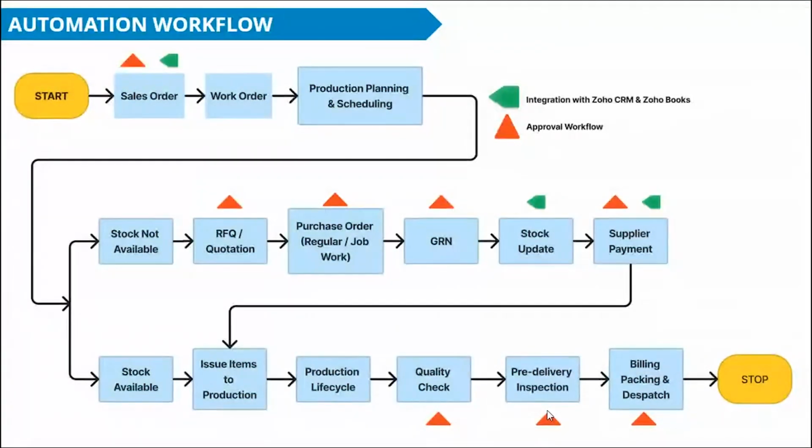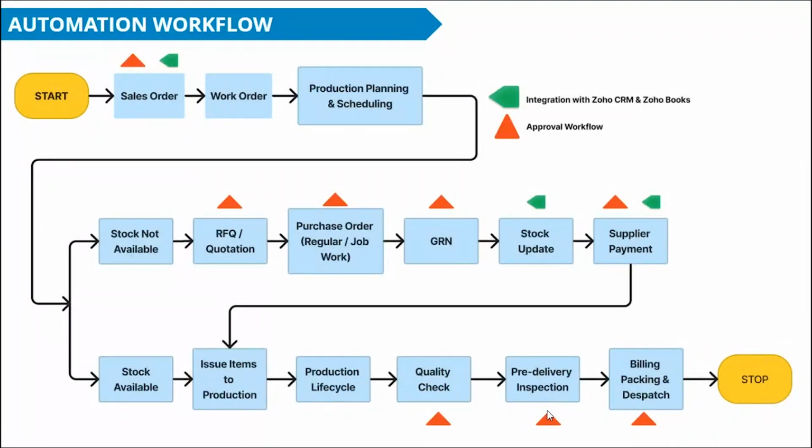The ones that you see in green bullets are about integration with other Zoho tools. When you look at the sale order, obviously there is an integration with the Zoho CRM. And then when you see the stock update or supplier payment, the entries go into the accounting system. That's how the integration happens. It's a two-way integration, which I will shortly show you.